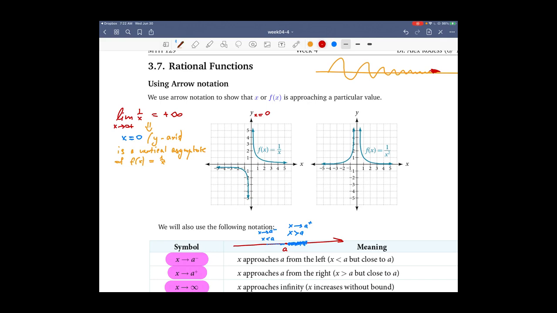But of course, you can also note that the limit at 0 from the left of 1 over x is negative infinity. And that also implies that x equals 0, the y-axis, is a vertical asymptote.